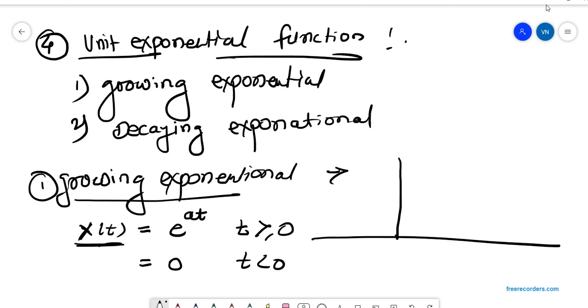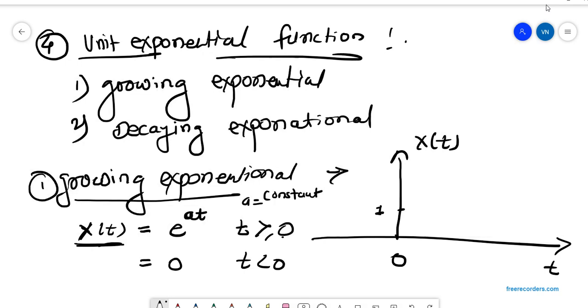If I put t on the x-axis and x of t on the y-axis, how can you calculate the amplitude? Suppose if I put t is equal to 0, you will get 1. If I put t is equal to 1, here basically a is a constant value, so you can initially take a as a constant.